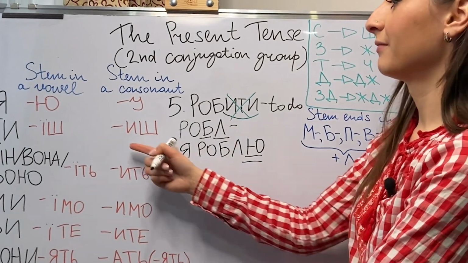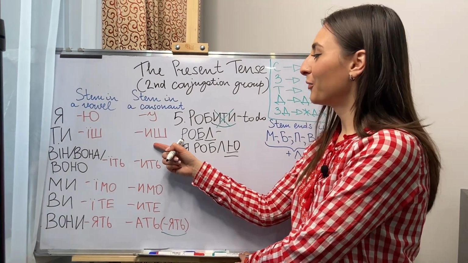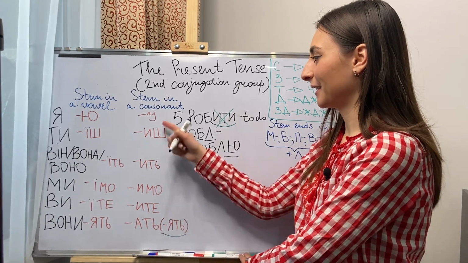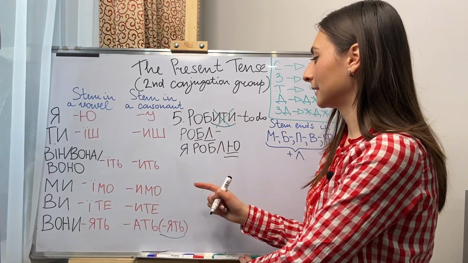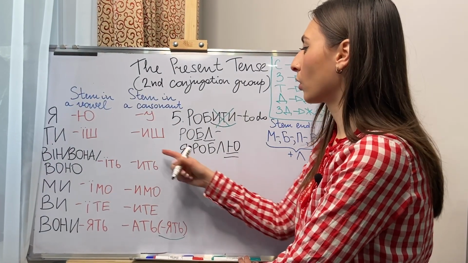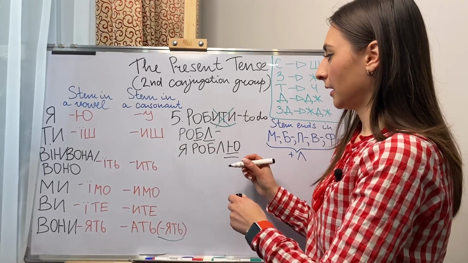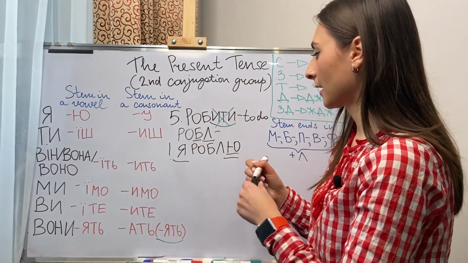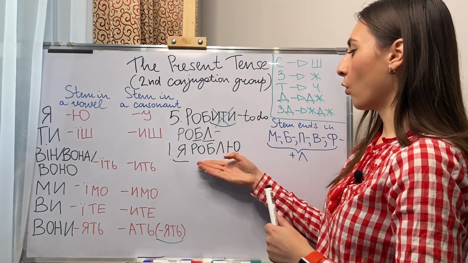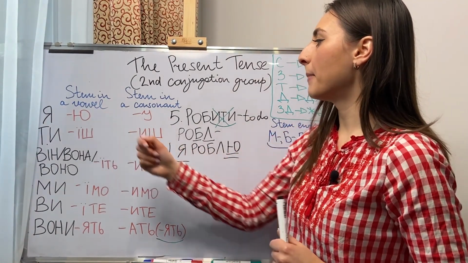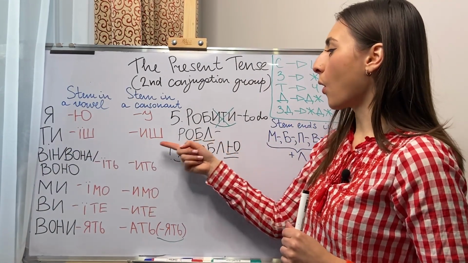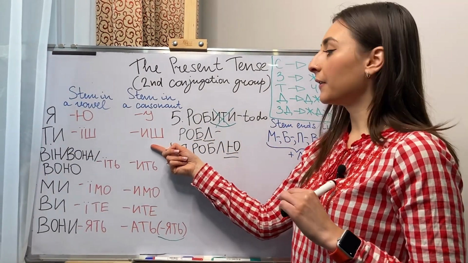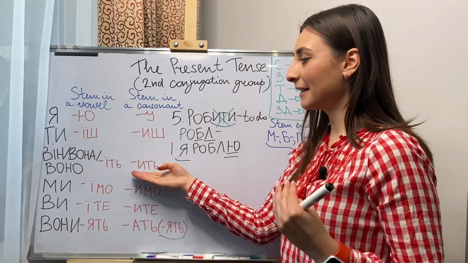But then, again, for ти, we add these endings here and for other persons. Pay attention. Exception. Я роблю. But ти робиш. Він, вона, воно робить.